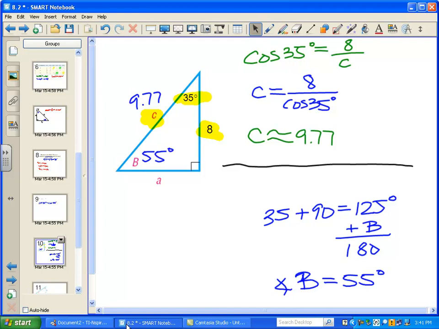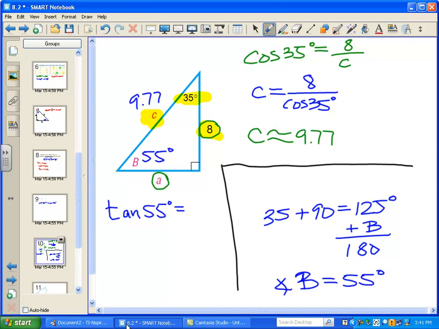So why don't we go ahead and do a calculation, this time using 55 degrees, just for fun. If I use 55 degrees, let's use the opposite side and its adjacent side. Opposite and adjacent would be tangent. So I'll be looking at the tangent of 55 degrees, right?